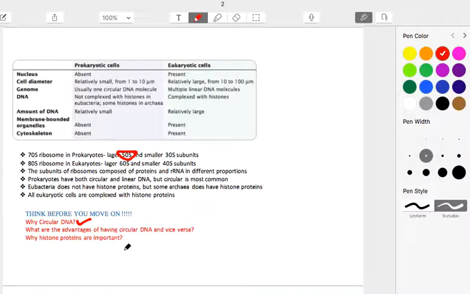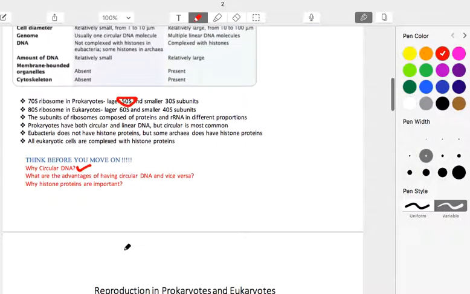That's why histone proteins are very important, and it is related to gene expression. How tightly it is packed, how far apart the nucleosomes are, what the position between nucleosomes is, those kinds of things are related to gene expression, which we will discuss in a future lecture.